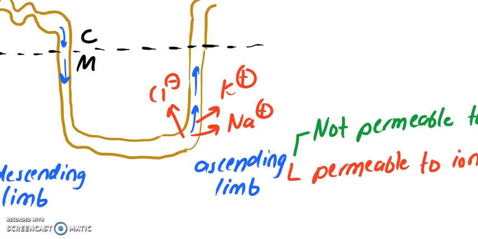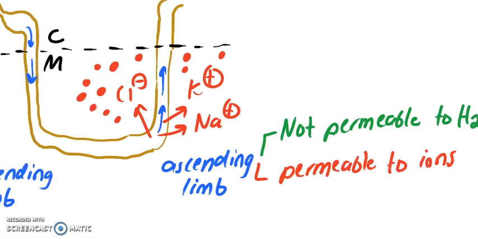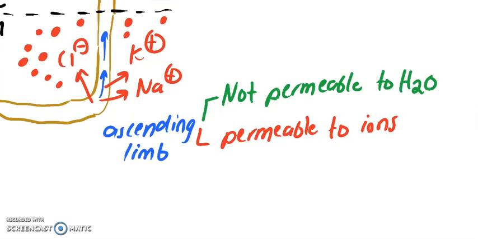Now, if you were to think of these as solutes, substances that can attract water, it's going to be full of these solutes. Thus, this is going to make this interstitium, this environment here, the medulla, hypertonic.